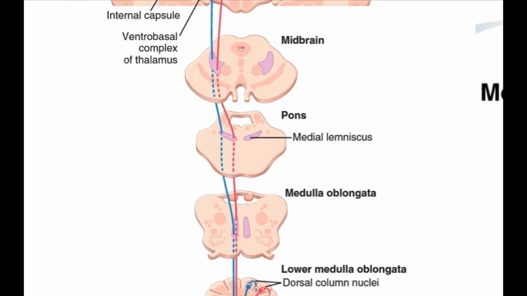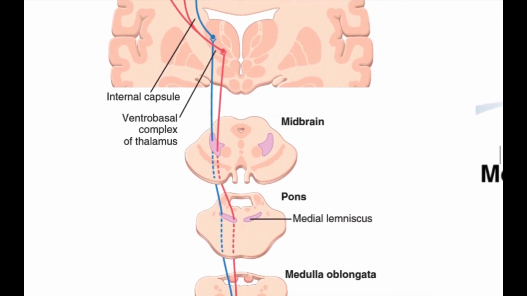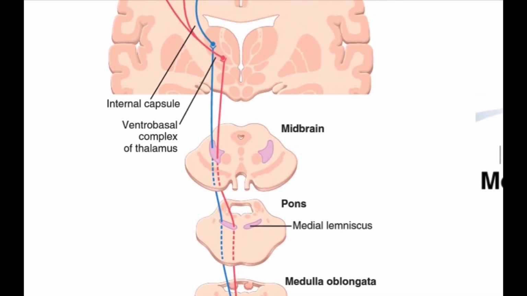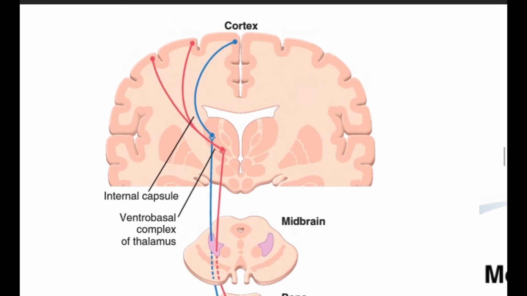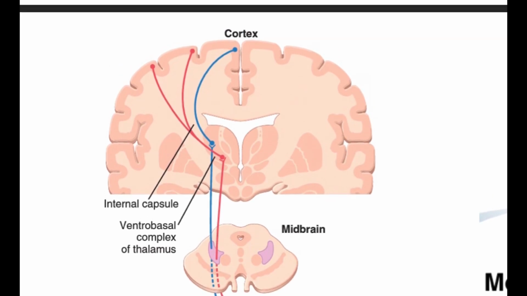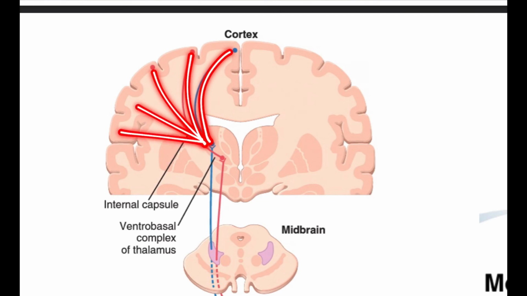From the medial lemniscus, the sensory nerve fibers will now go to the nucleus of the thalamus, and from the nucleus of the thalamus, the sensory nerve fibers go through the posterior limb of the internal capsule and are distributed in the cerebral cortex in a radiating pattern known as corona radiata.